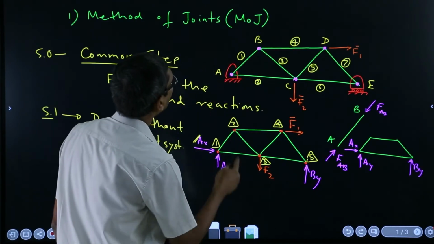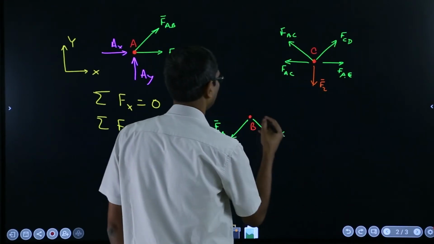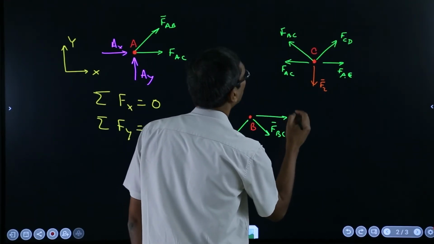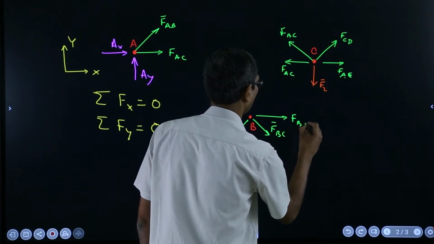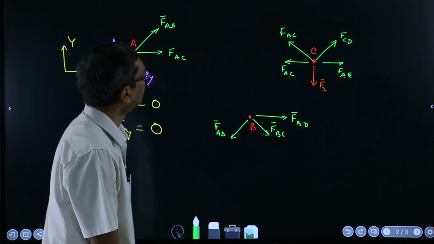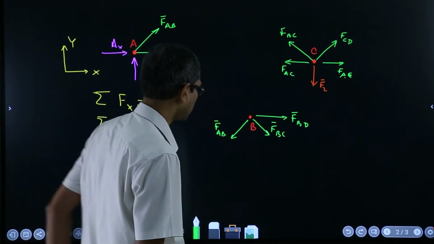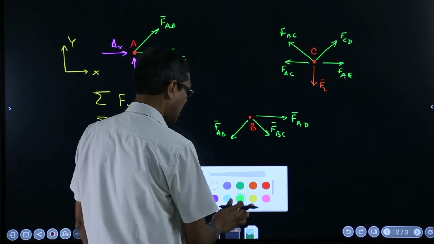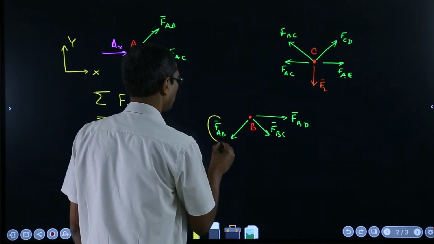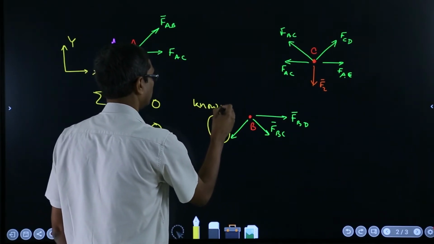Anything else? FBD also is there, right? So that also we should put. FBD. Fine. So BC we are considering as tensile, so here also we are considering tensile. Fine. So then here, this has already been solved for. This is a known force by now.